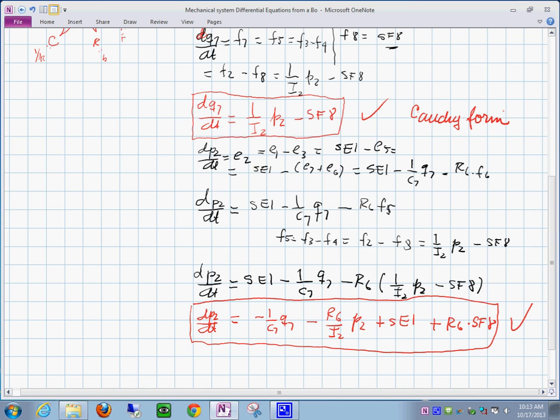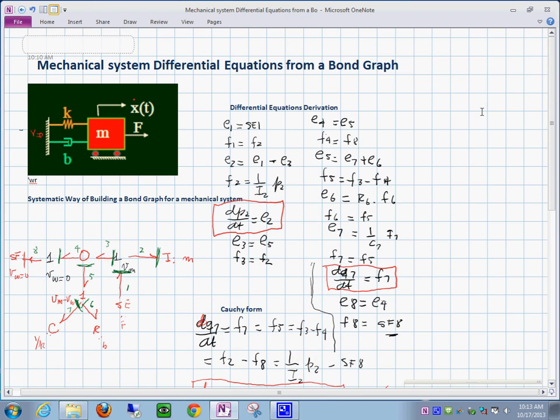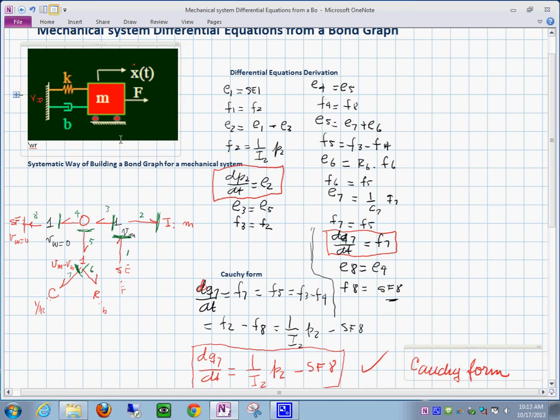If I can make a summary of what I just did: I had the system, followed the procedure, put the ones first, then attached the elements that see those velocities, then put the zeros next, and attached the elements that see those relative velocities.